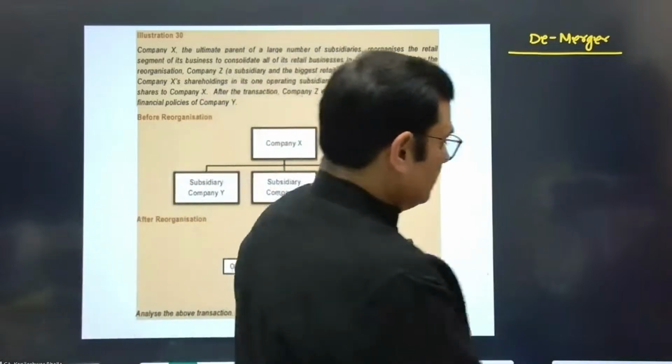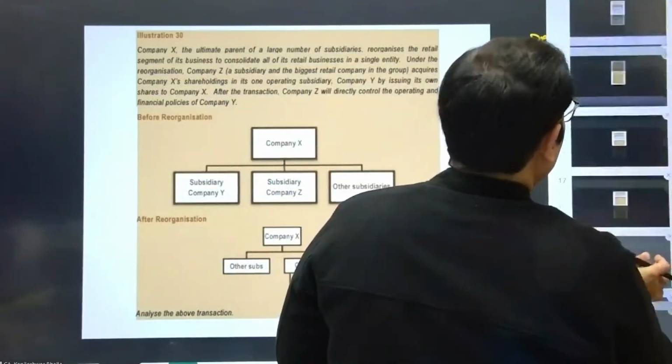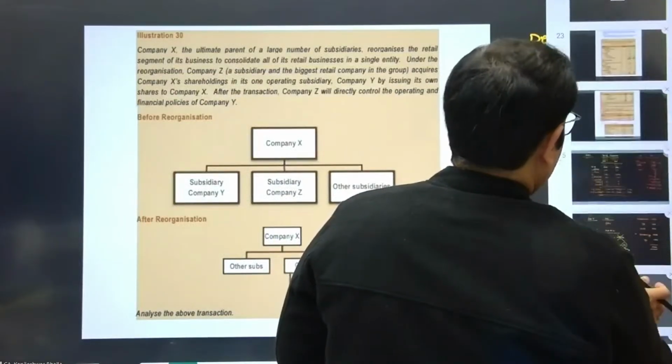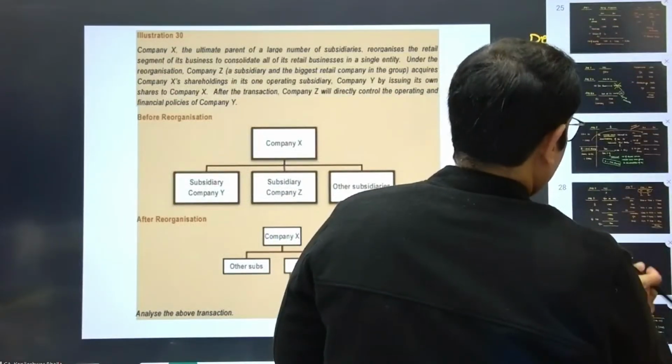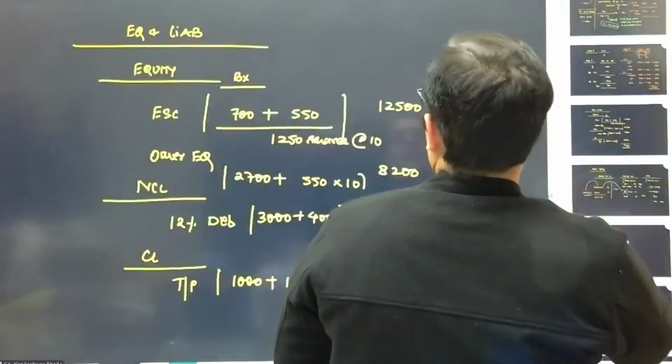Okay. Let me just come back to it. There is a slight difference between the previous example and the current one. I'll just tell you the details. Okay, let me just come back on the agenda here.